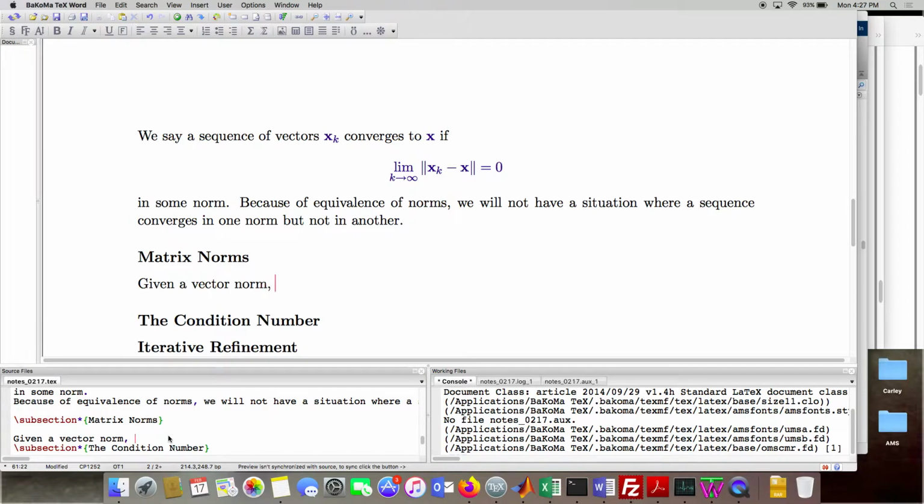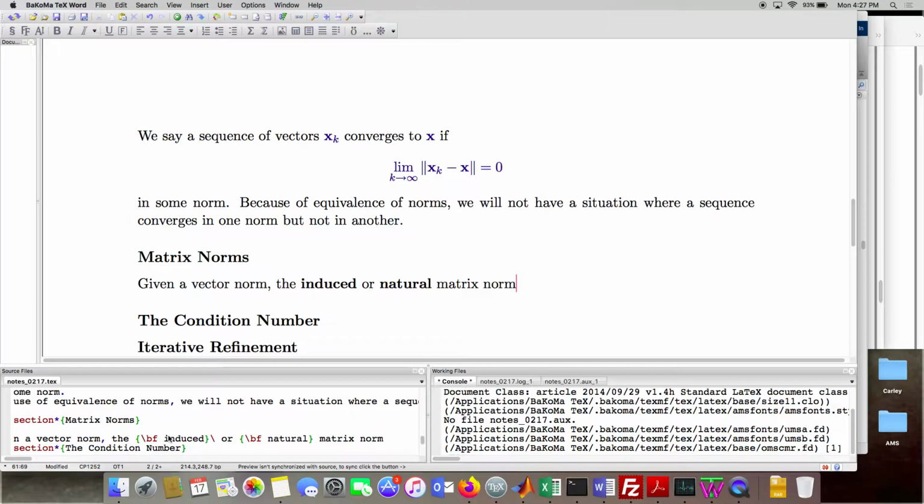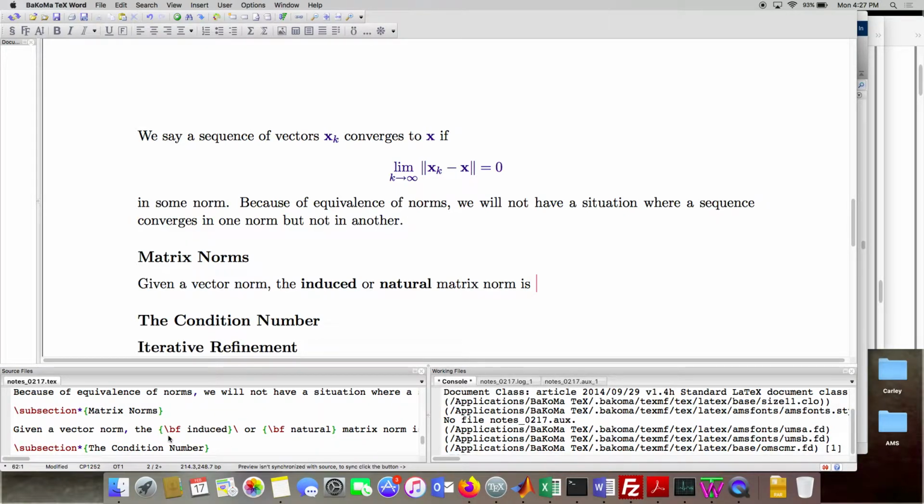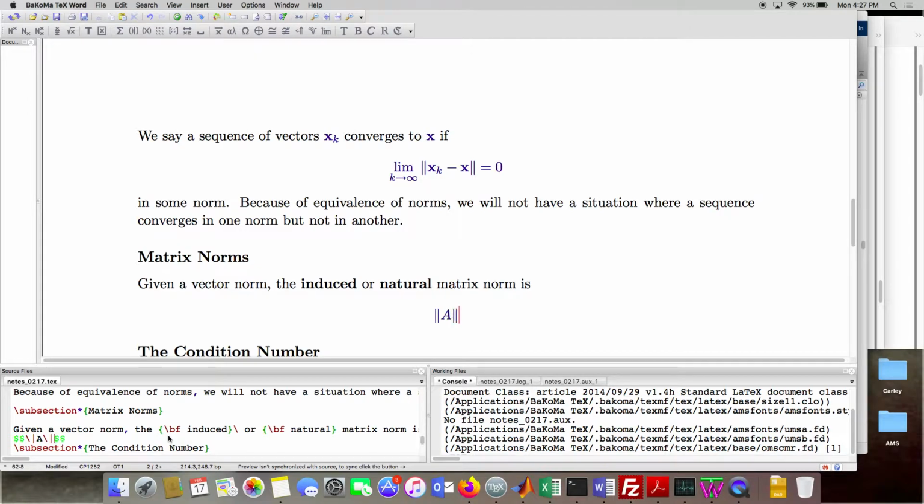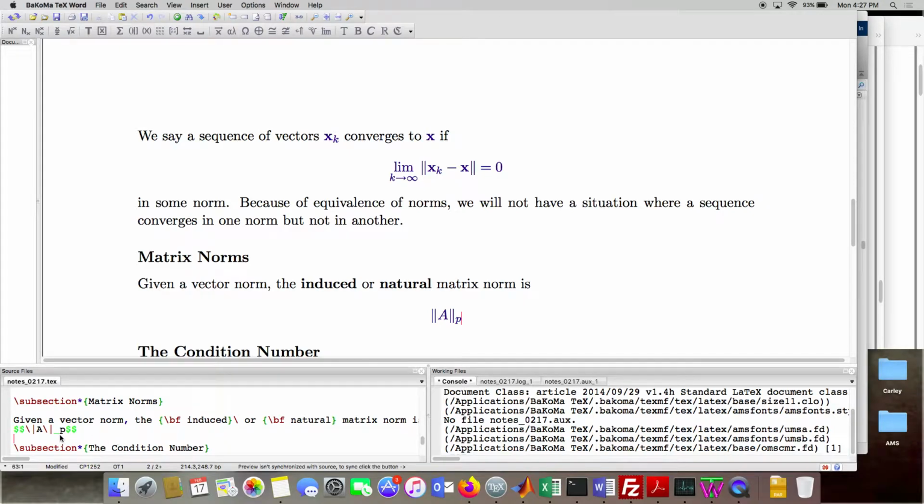Given a vector norm, the induced or natural matrix norm is defined this way. I'll choose a general p, so it could be any of the indices p that I showed, or any other valid vector norm.